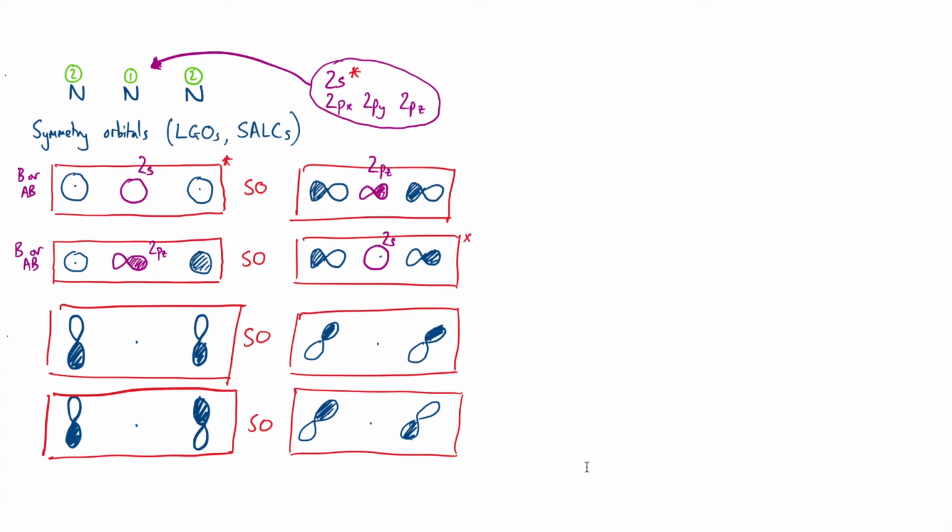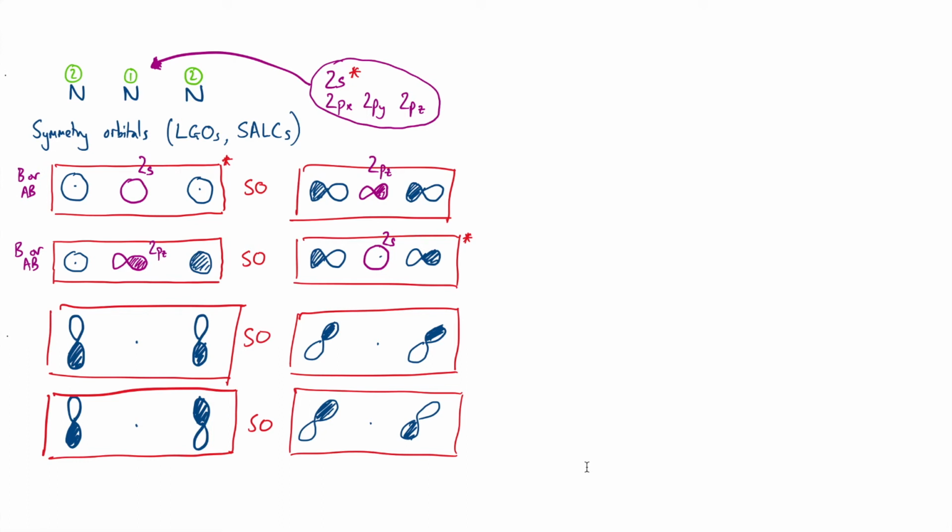But that's okay because we have a method for dealing with three orbitals interacting with each other. It means we don't have enough information to determine the exact energy placement of the central molecular orbital. We're going to get three molecular orbitals from our three atomic orbitals, but we can say something about the highest and the lowest, and that's all we're really going to need to go forwards with this.